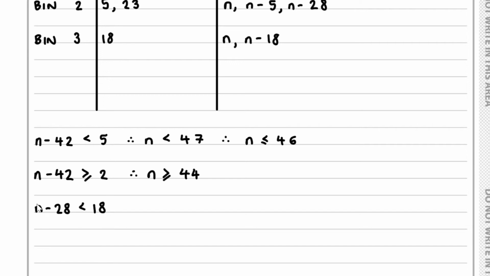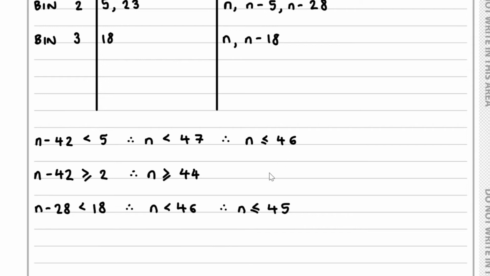There was not enough space to place the 18 into bin number 2, which is why the n minus 28, the current remaining space in bin 2, is less than the 18. And from this we can conclude n is less than 46. And if that's the case, then n must be less than or equal to 45, for reasons we described before.